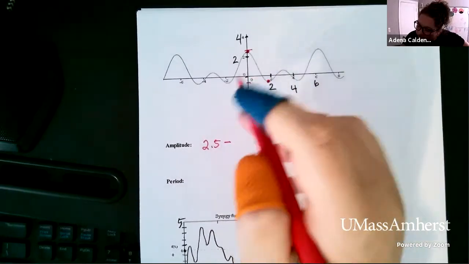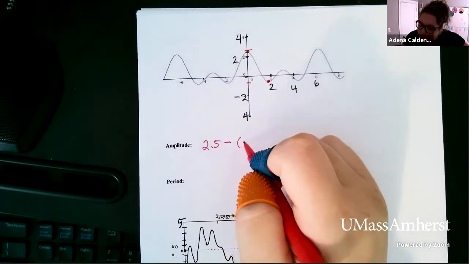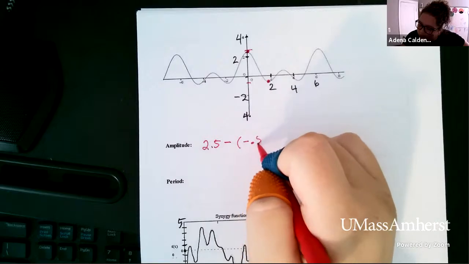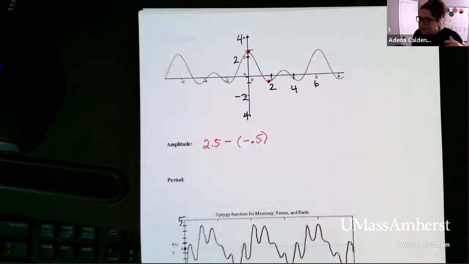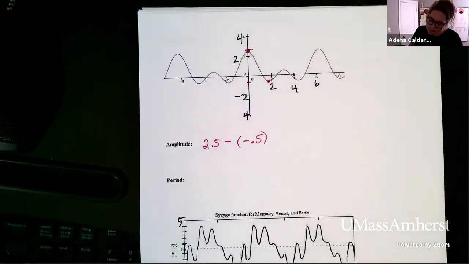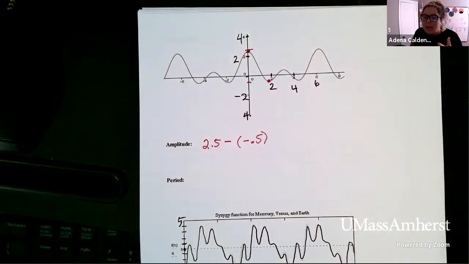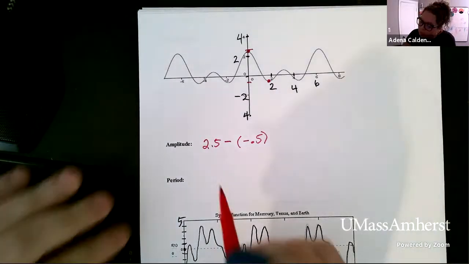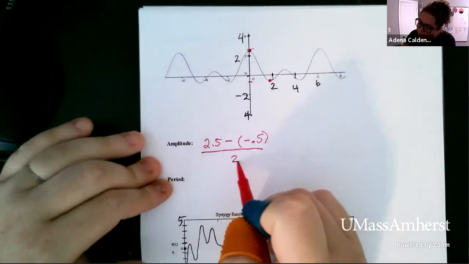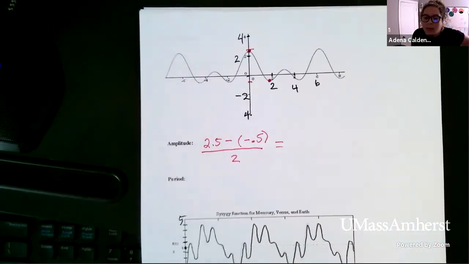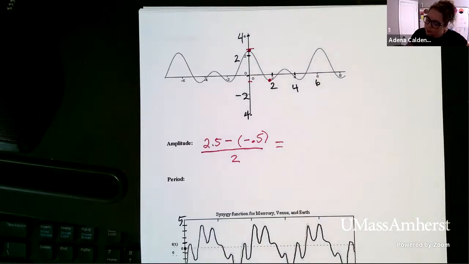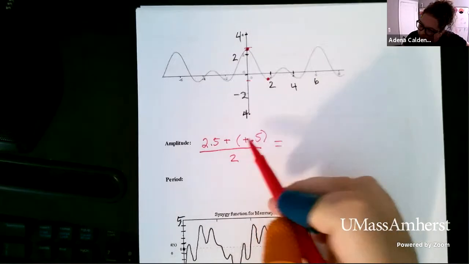And then for my min, I said that looks like negative 0.5. You may have said negative 1, negative 0.75, but something in that area. And then we're going to divide by 2. When we subtract a negative, we have to be really careful. Those are going to cancel each other.